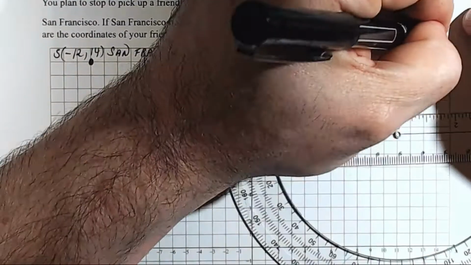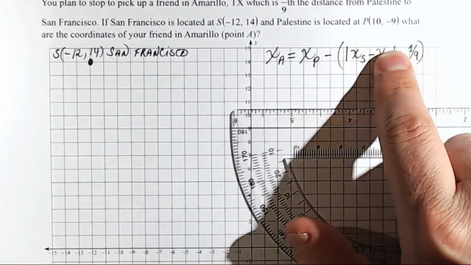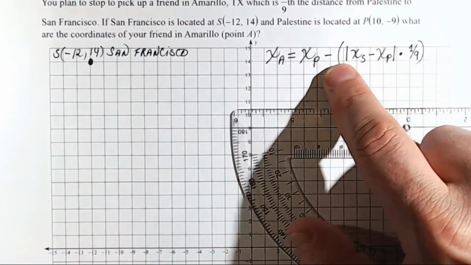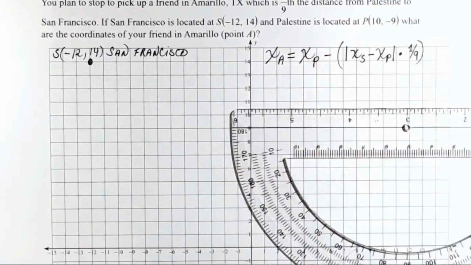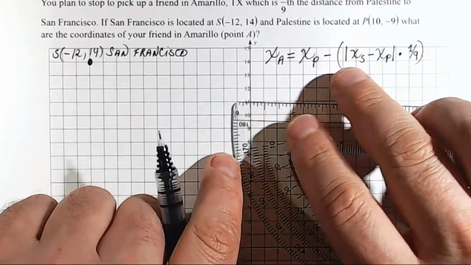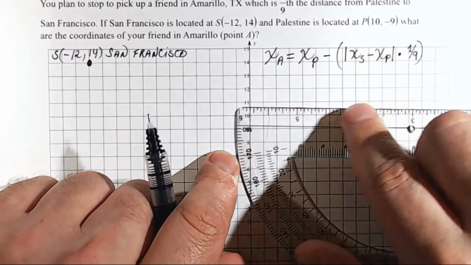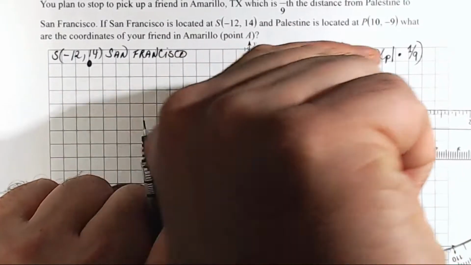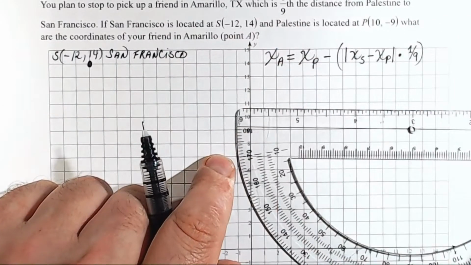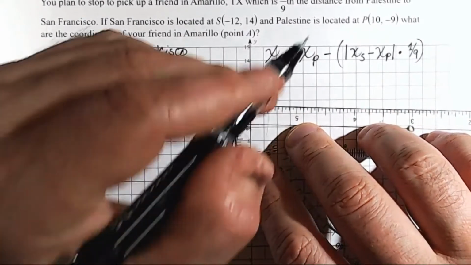All right? So this stuff in parentheses is the fractional distance, and to find the location, you subtract that fractional distance from x sub p because you're going this way. That's why we're subtracting it from x sub p instead of adding it to x sub p. If we were adding it to x sub p, it would mean we were moving this way, headed towards New York or something. All right, but we're going this way to San Francisco.